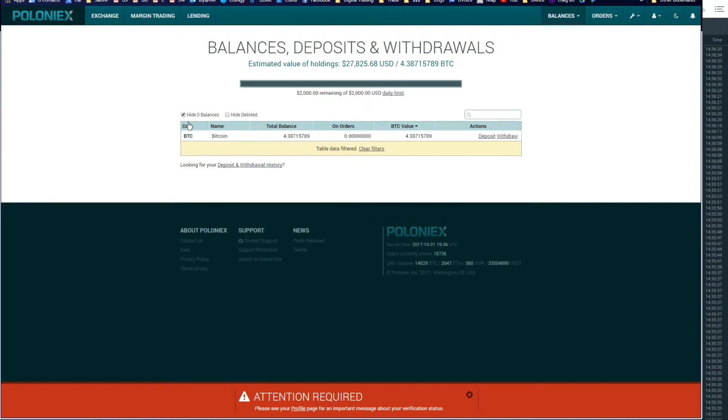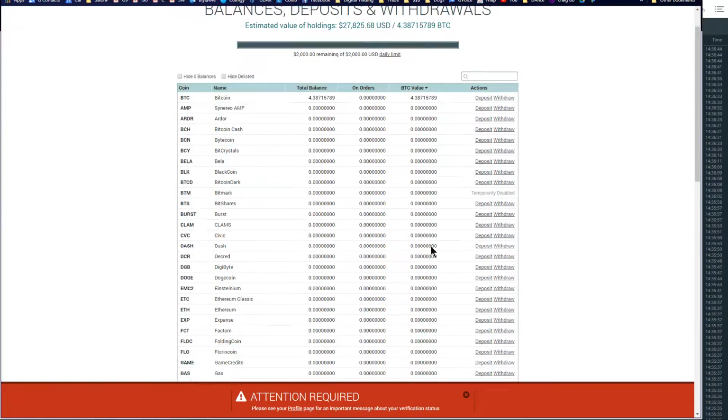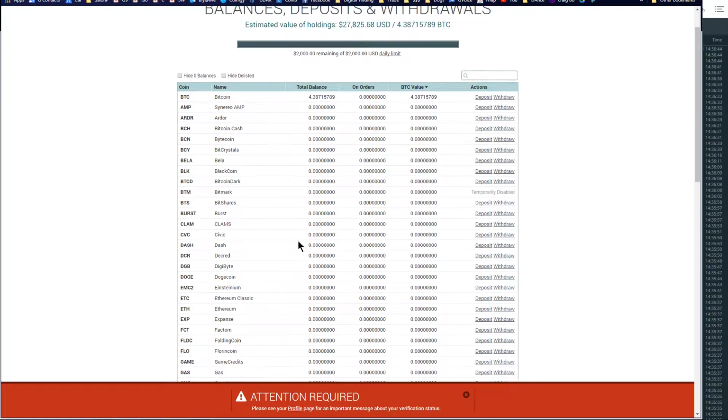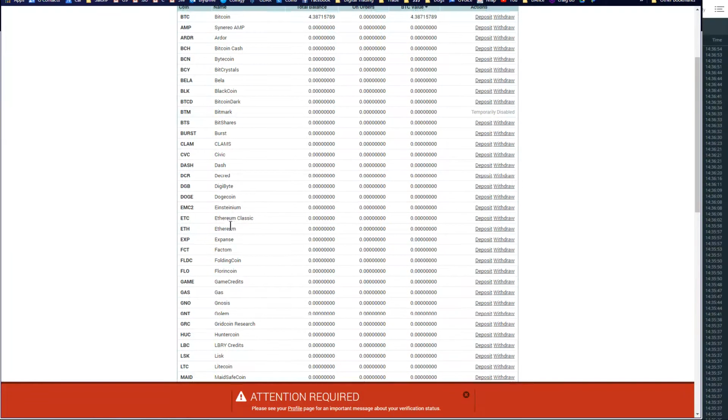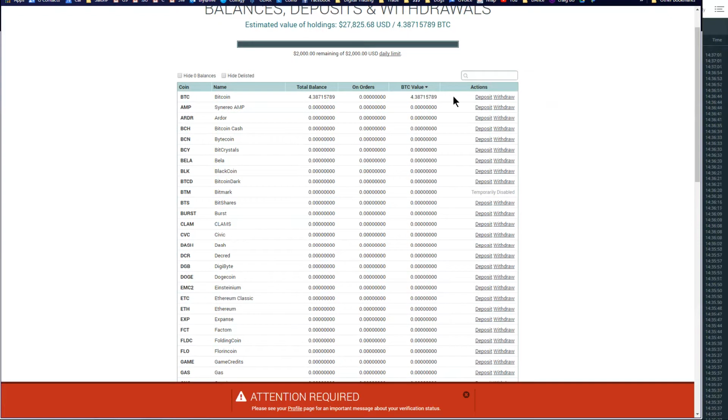All I have is Bitcoin, so it's hiding zero balances, because I exited out of everything into Bitcoin. But they have all this to choose from. So I can trade Bitcoin to any of these. Where's their EOS? I don't see EOS anywhere. I don't know why EOS wouldn't be in here.